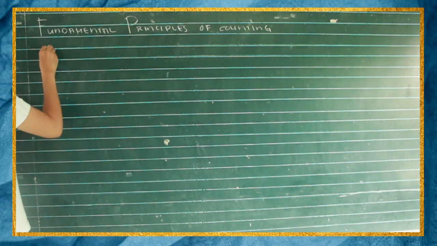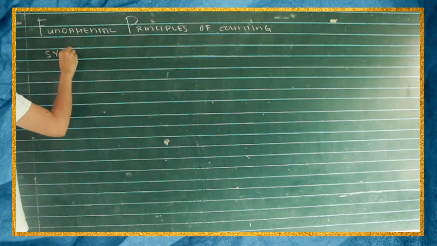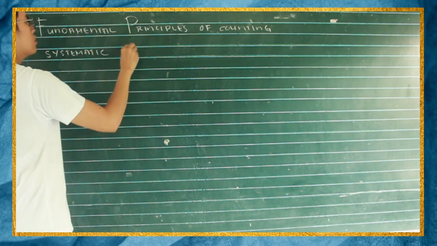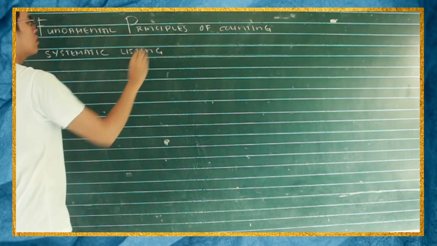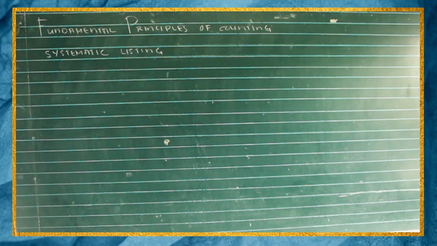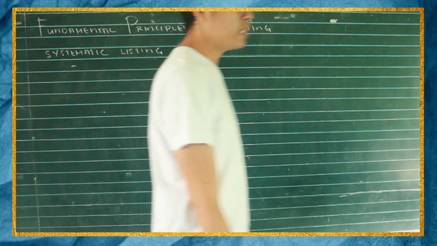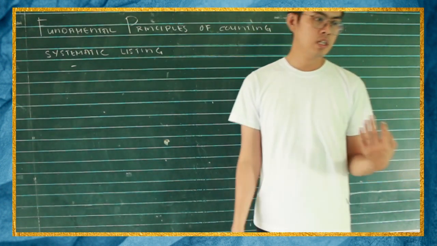Systematic listing. For example, you have three different books.